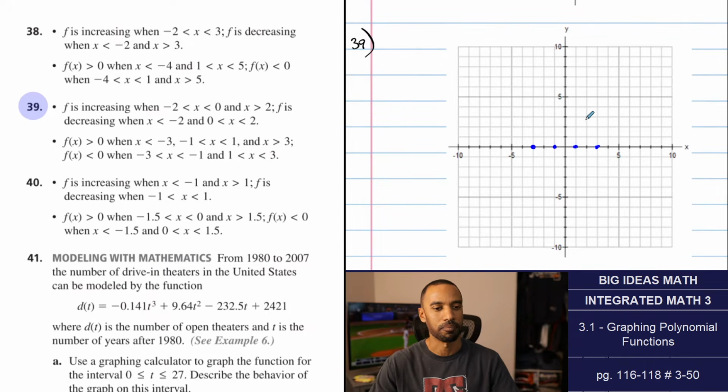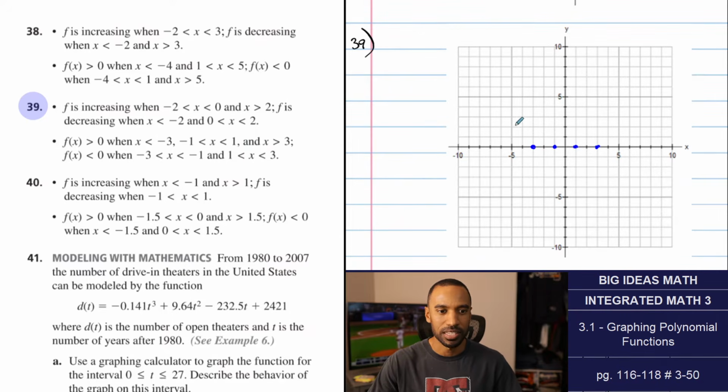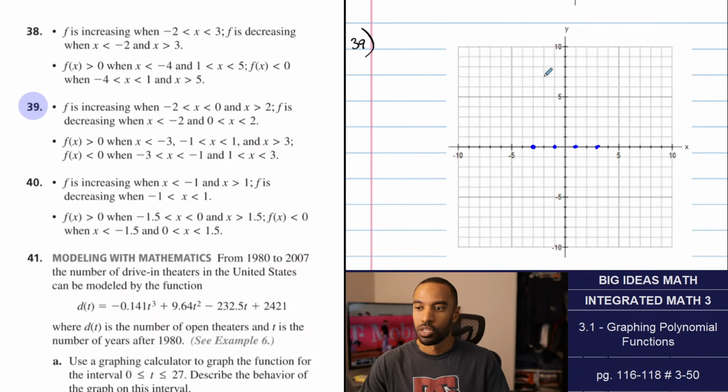Okay, so I want to look at the end behavior first. It's positive when x is less than -3, and it's decreasing all the way down until -2. So I'm looking at the leftmost decreasing part. It's coming from the top and going down until -2, then it turns around and starts to increase.